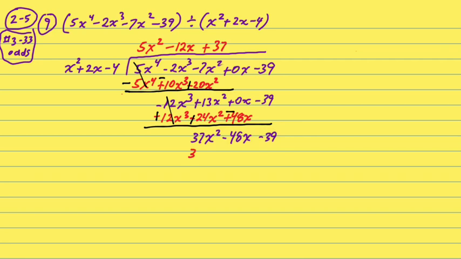37 times x squared is 37x squared. 37 times 2x is 74x, I think? And then 37 times negative 4 is negative 148.